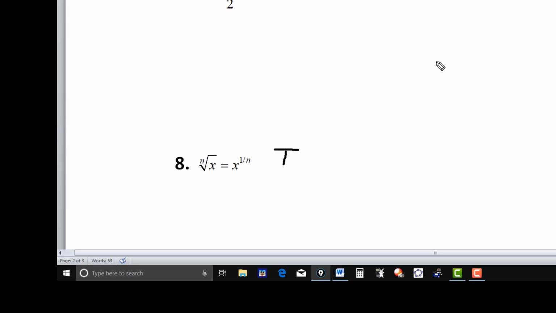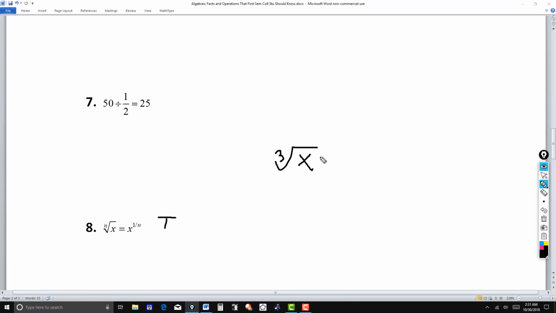is 3, and this could be any number. I'll just keep it in x. This should be the same thing as x to the 1/3. If this is a 5, then this would just be a 5 over here. This is a 7, this would be just 1 over 7, and so on.